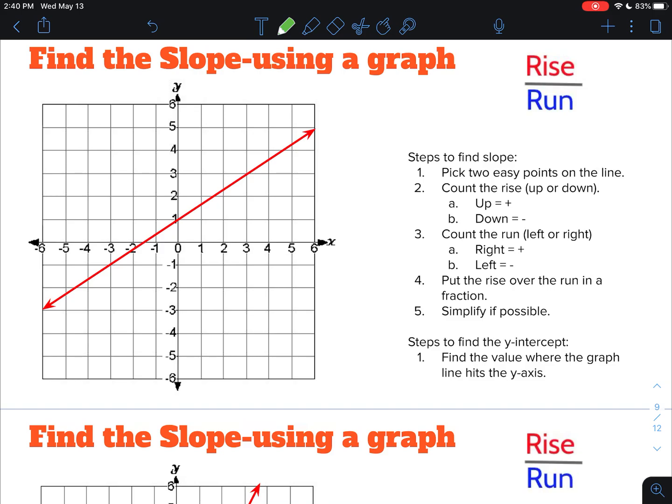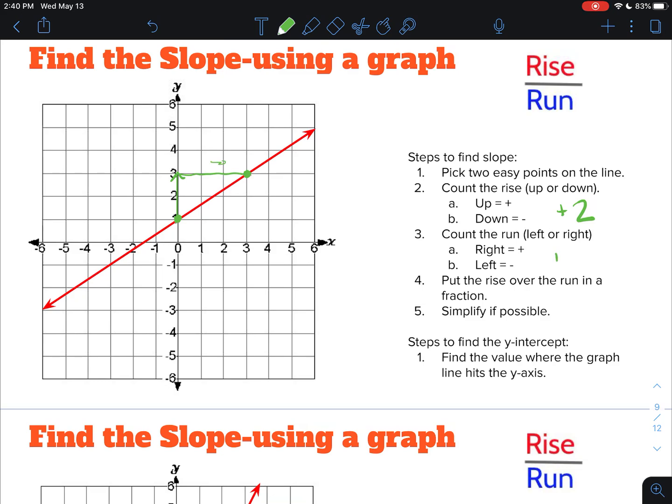Next example. So always pick 2 easy points. Here's an easy point, and then here is an easy point. Okay. So rise over run. So I'm going to go 1, 2, up 2. So that's a positive 2.